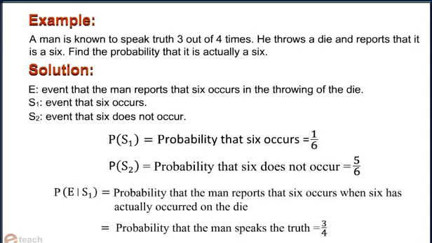Now probability of E given S1, that is probability that the man reports that 6 occurs when 6 has actually occurred on the die, is equal to probability that the man speaks the truth, is 3/4.